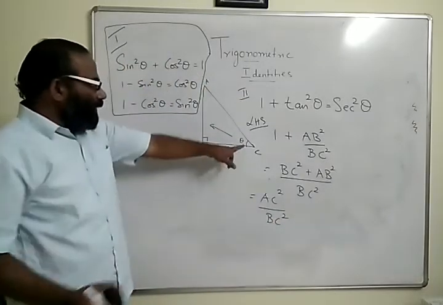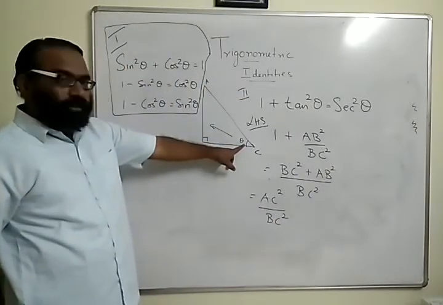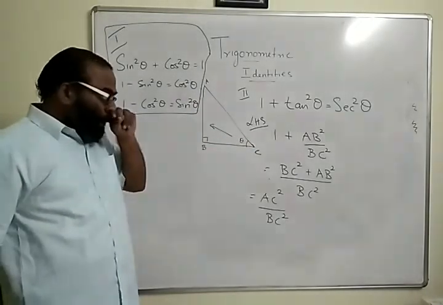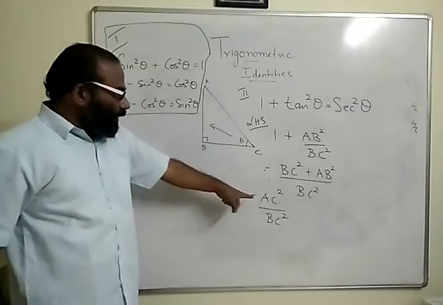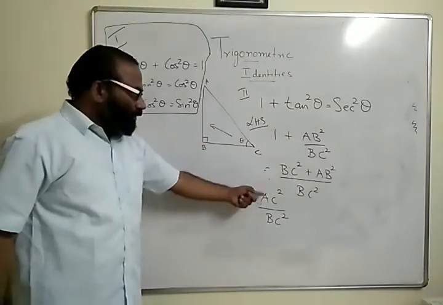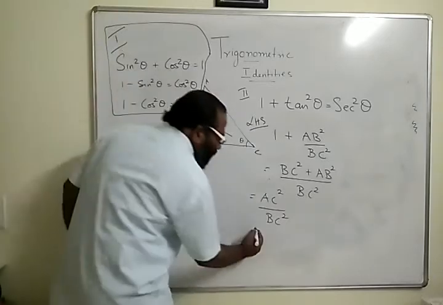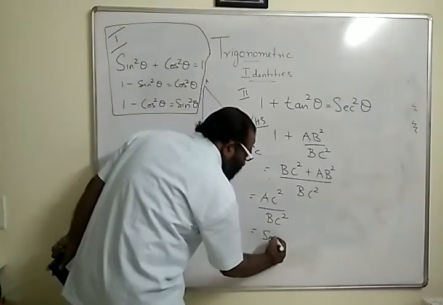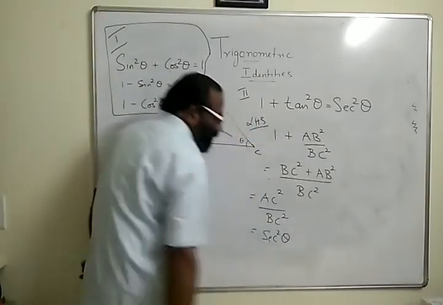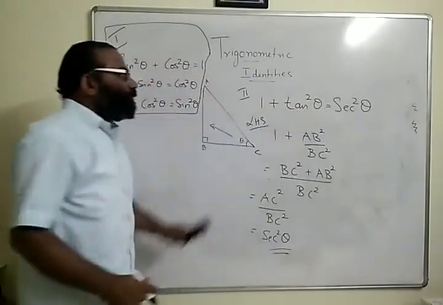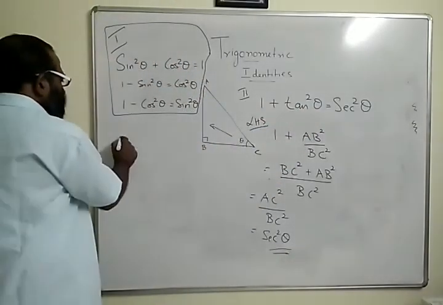And we know that secant theta equals hypotenuse by adjacent, so AC by BC. So this is secant theta and there is a square, so I can write this as secant square theta. So we have reached the right hand side. So 1 plus tan squared theta equals secant squared theta.